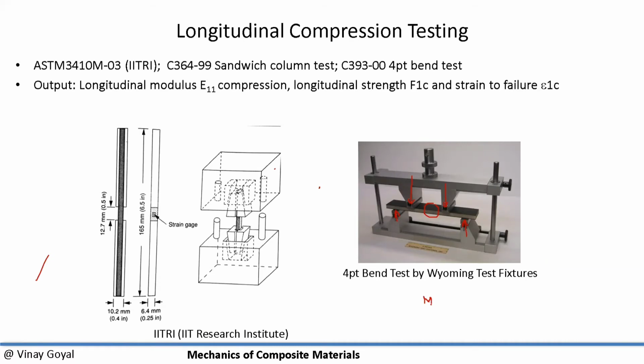And you recall that stress equals MC over I. So you get compression at the top, tension at the bottom of that beam. So it's an excellent way to measure compression modulus by putting a strain gauge there.